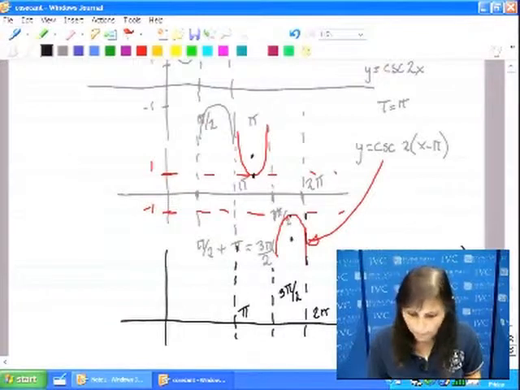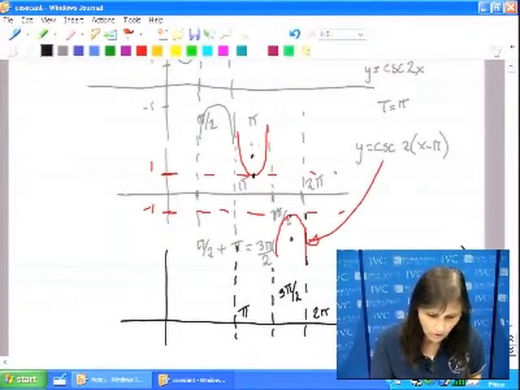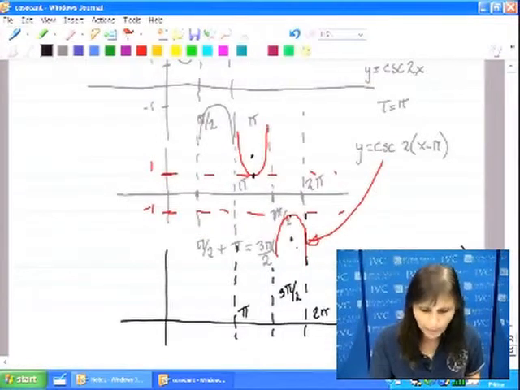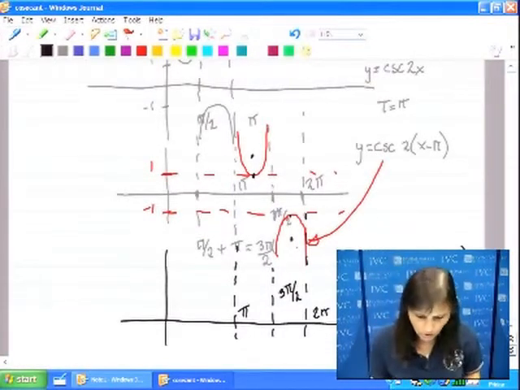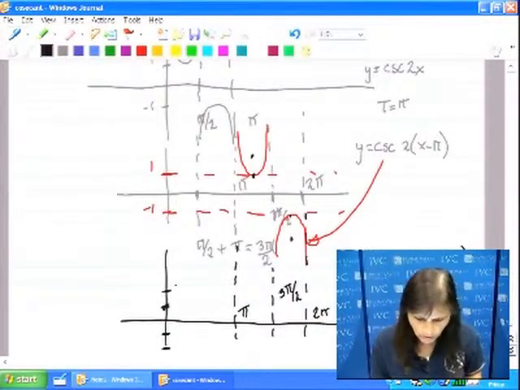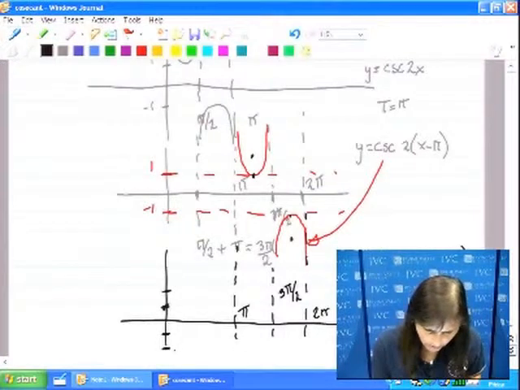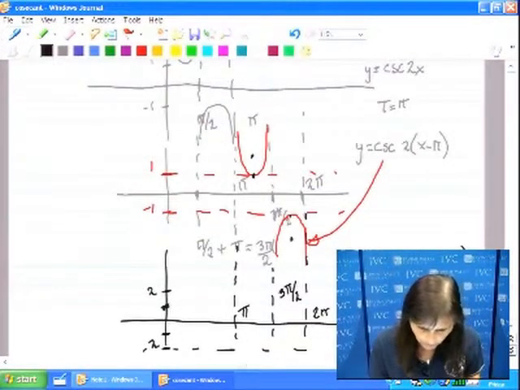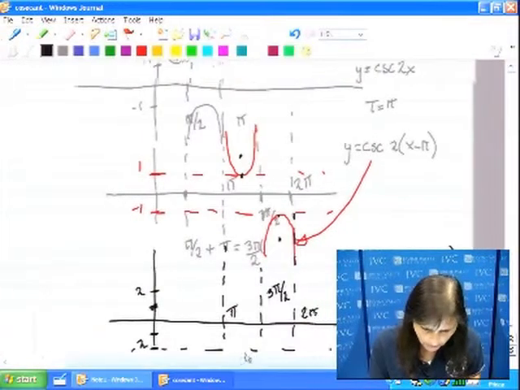Okay? But what will happen is, this will move up to 2, this will move down to -2, but it's going to be reversed. So when you look at that, 1, 2, it's going to be reversed. In other words, this is at -2, this is at +2. It's going to do this. Oops.